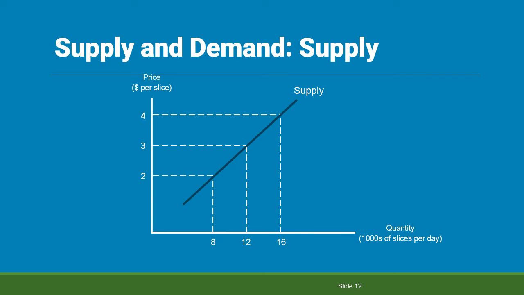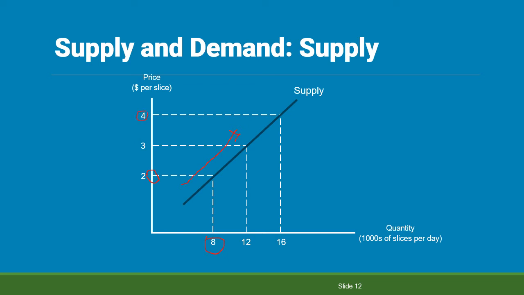If you look at about $2 per slice, you essentially produce 8,000 slices per day. And as price increases, the quantity of slices also increases.